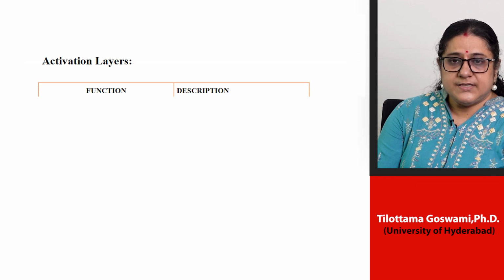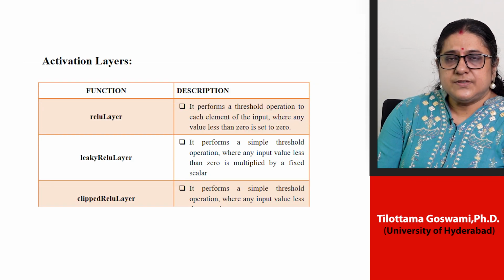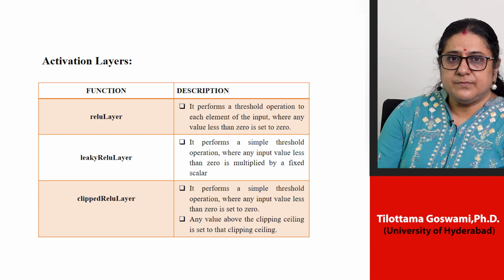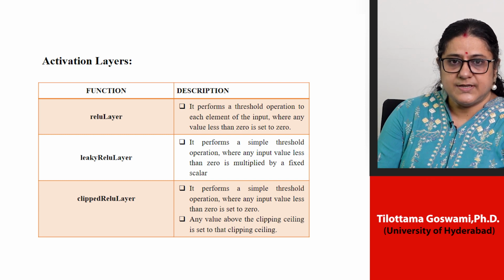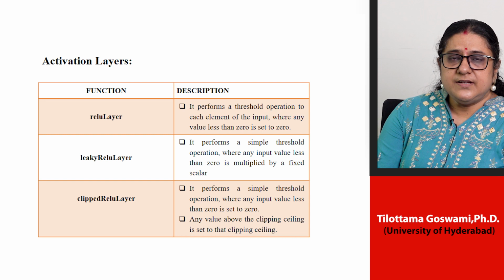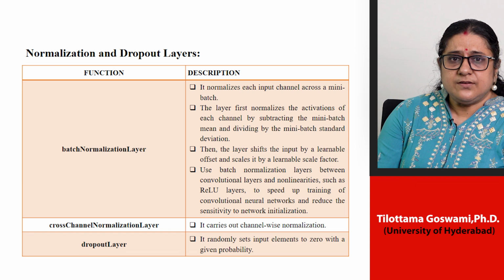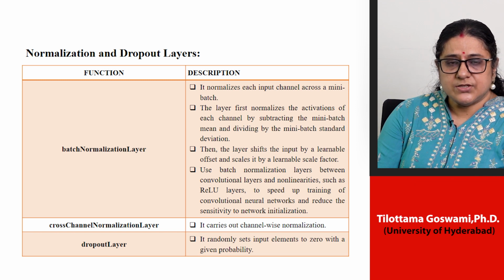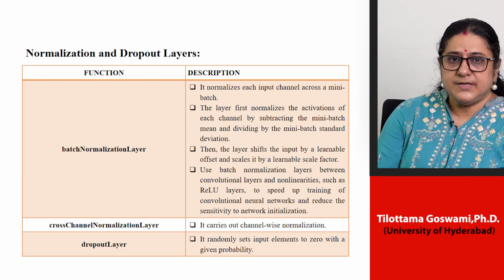Coming to the activation layers. Activation layers are responsible for performing a threshold operation on each element. There are variants of ReLU: ReLU layer, leaky ReLU, clipped ReLU, normalization, and the dropout layers. The batch normalization layer normalizes each input channel across a mini batch.